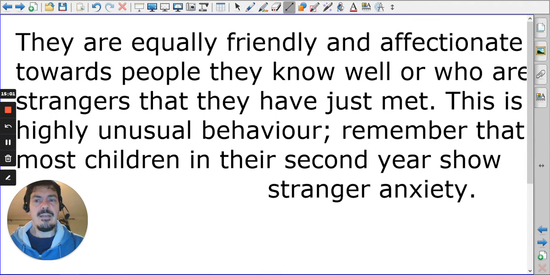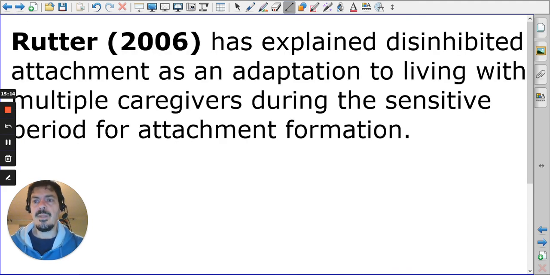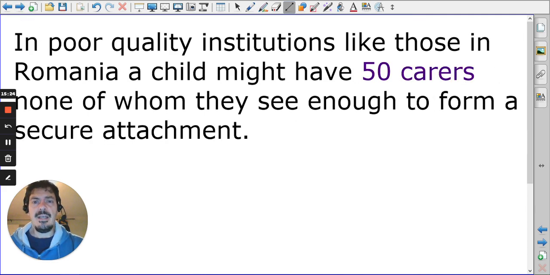They're very friendly and affectionate towards people that they know and people that they don't know. It's highly unusual behaviour, because these children should show some form of stranger anxiety at some stage, but of course they're not. Rutter said this is possibly because when they were living in a care home, they had multiple carers during this particular time, and many of the poor institutions potentially had up to 50 carers at different times.